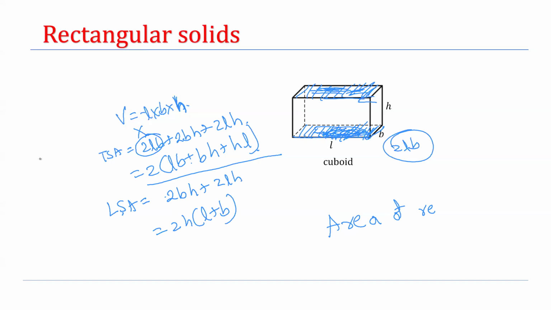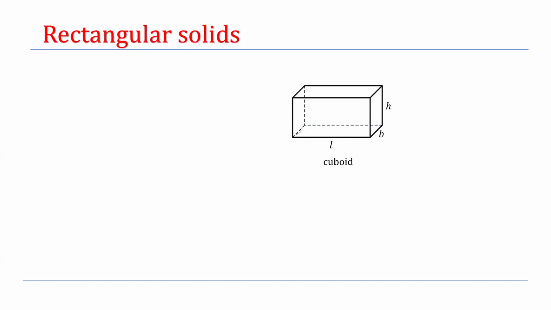Okay. And there is one more thing called diagonal. I'll show you. Diagonal means from this point to this point. Agree? What will be the length of this diagonal? Can you think of it? Length of diagonal.